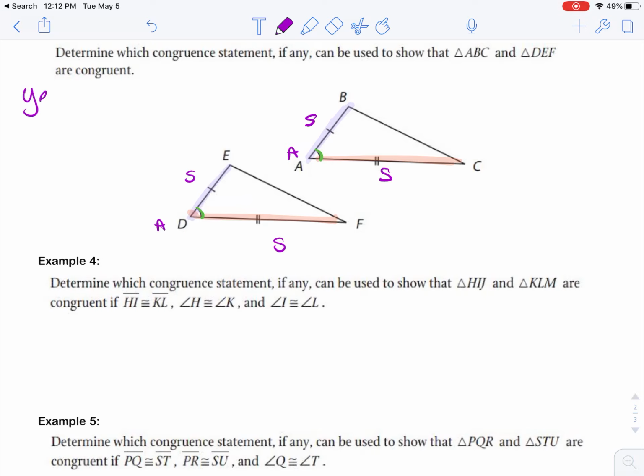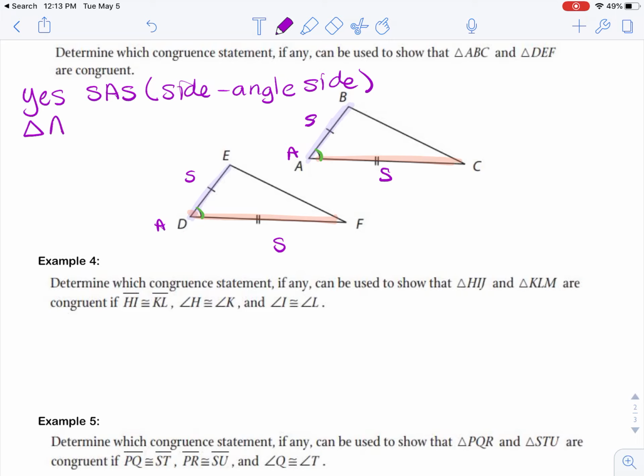So are the triangles congruent? Yes. And we can abbreviate that SAS, side, angle, side. So if you just want to write SAS, I know what you're referencing. Side, angle, side. So now it says show that triangle ABC and DEF. So we did. So let's write a congruency statement.